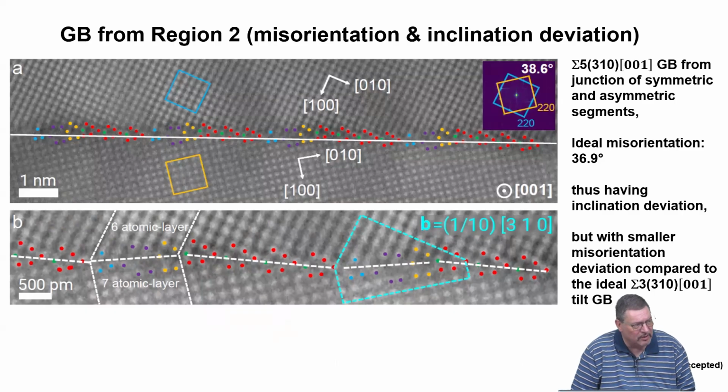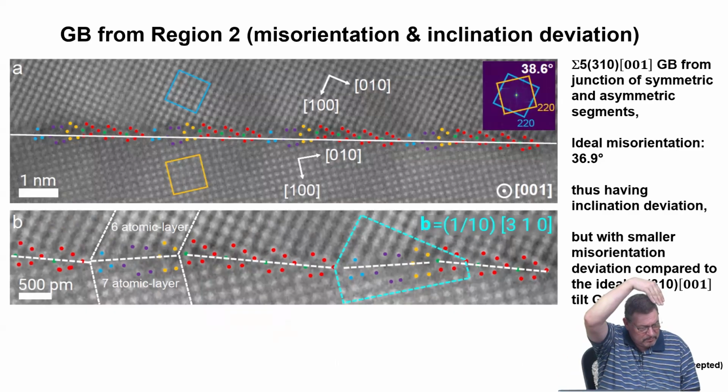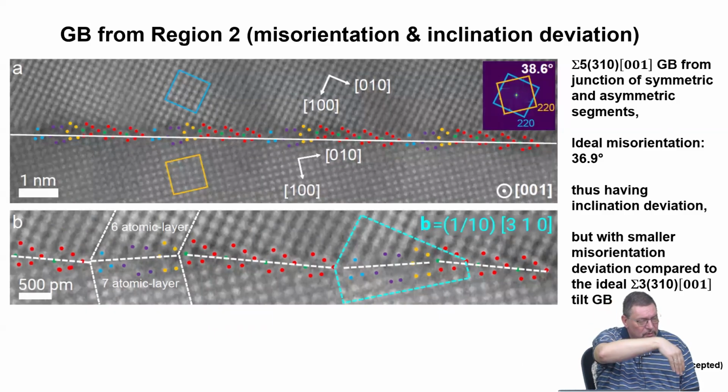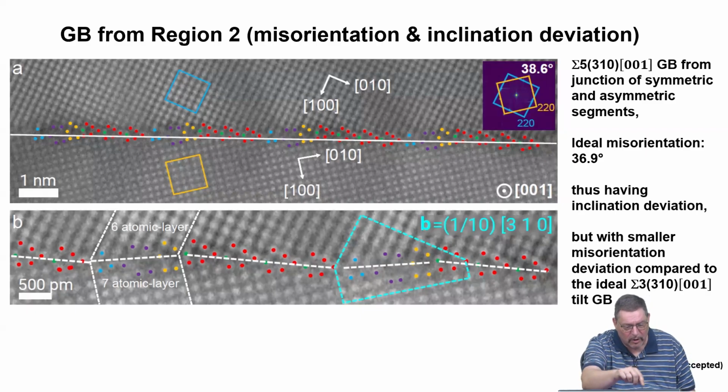You see atomic columns. We are looking with the electron beam parallel to the atomic columns, and because this is a CS corrected microscope, the aberration is corrected, which means that we can identify intensity with position of column. So we really have atomic columns where there is a light color, and we do not have atomic columns where there is a dark color.